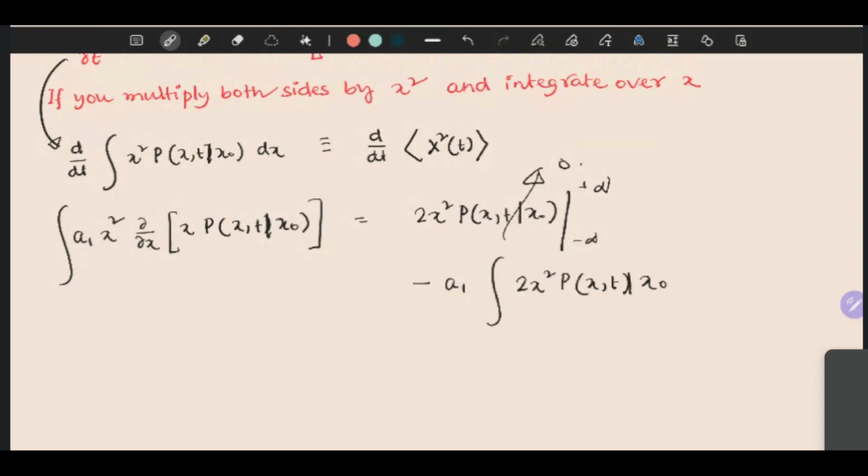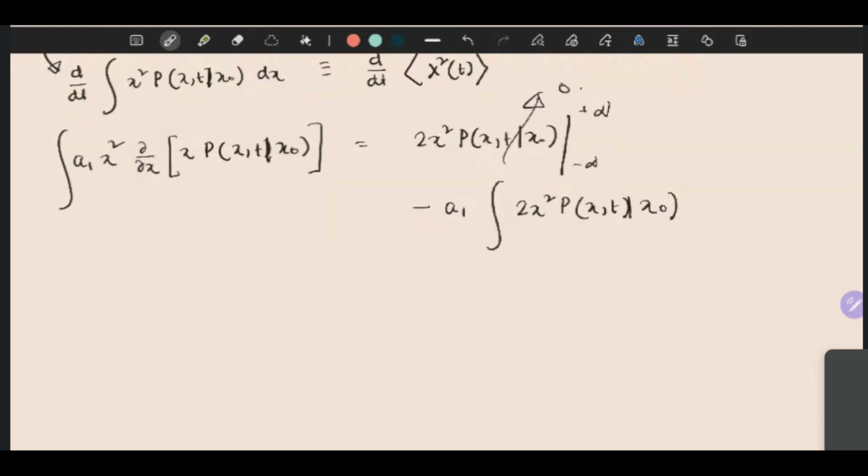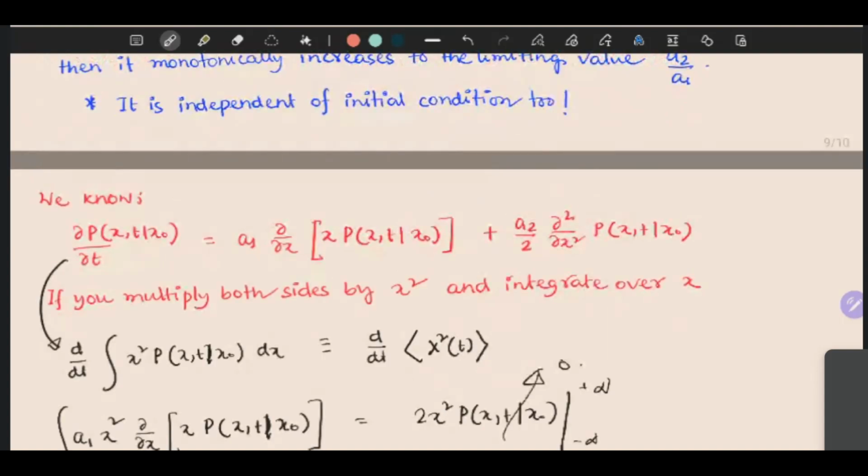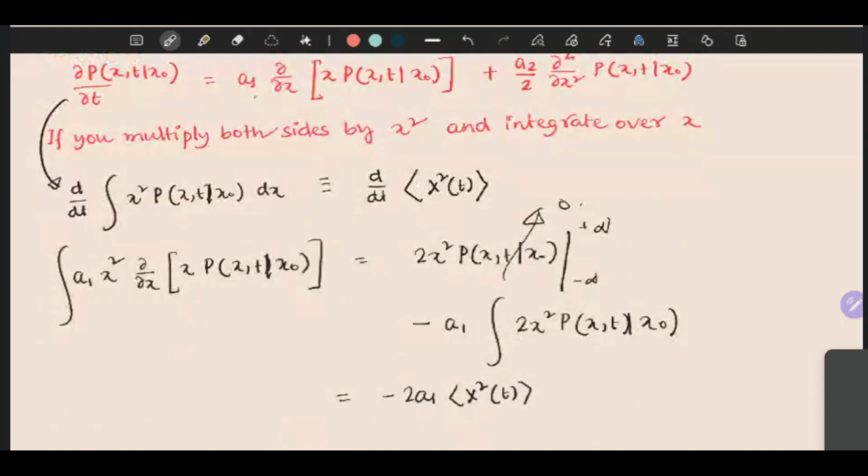If you take the integration, this is 2a1 times the average of x square of t, right?